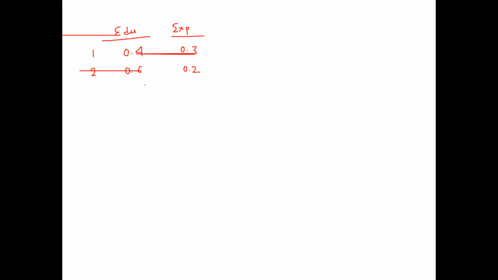In such a case, the distance between these two will be 0.4 minus 0.6 square, plus 0.3 minus 0.2 square, something like that. So I am measuring the distance based on the observations that I'm getting.